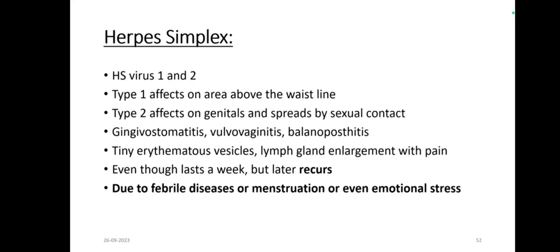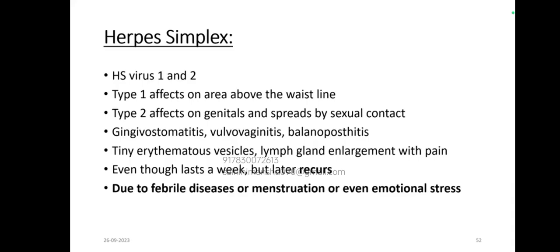Next comes herpes simplex. We all have seen the cases also. HSV1 and HSV2 are the two variants. One is above the waistline, two is on the genitals and is because of sexual contact, and one is usually contagious. They are usually associated with all the inflammatory features of genital and mucous areas.